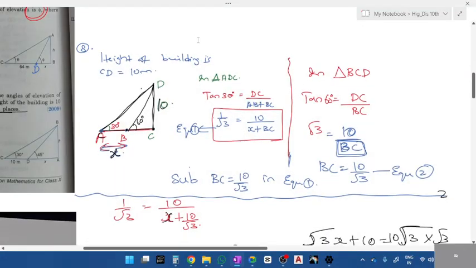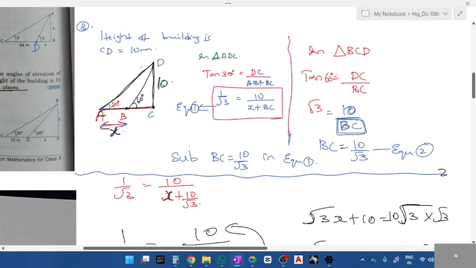See, the calculation part, you might get it right or wrong. It depends on how fast and how accurate you are with the values. It depends on each and every question. The calculation part will differ, but this concept is the same for all the trigonometry questions. Look, you'll have two triangles, and any one value will be missing. Take triangle 1, triangle 2. Check the angle of elevation: 30 degrees, 60 degrees, sometimes 45 degrees will be given.